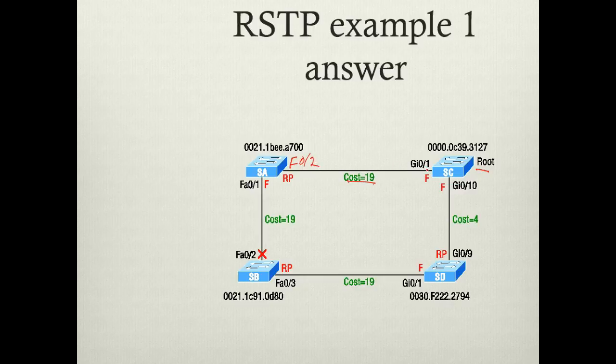Even though this is a gigabit port, it's going to be degraded to Fast Ethernet speed because you can only go as fast as the slowest link. So each of these would be a 19. This one says Gig 0, and it's a gigabit port, but this one's a Fast Ethernet port. When we connect a gig to a Fast Ethernet, it becomes a 100 megabit connection.